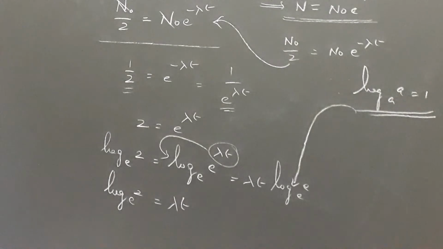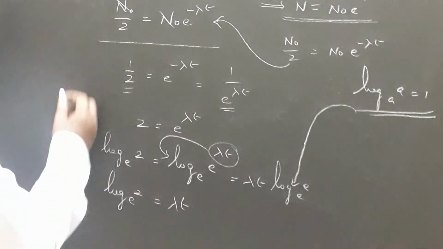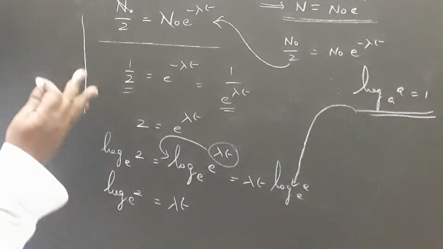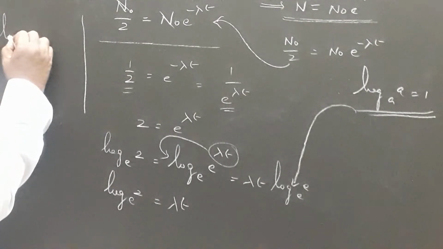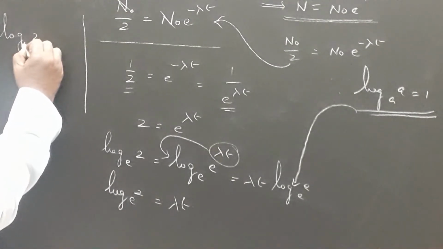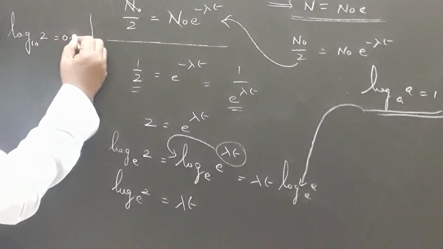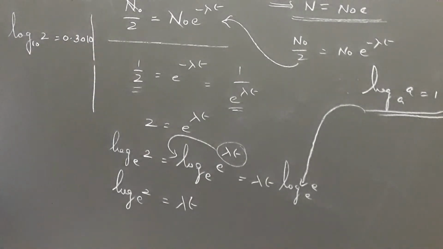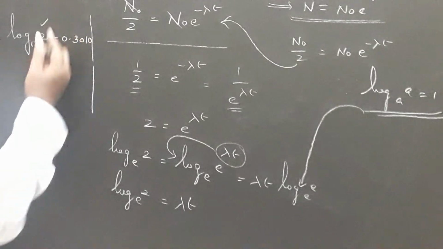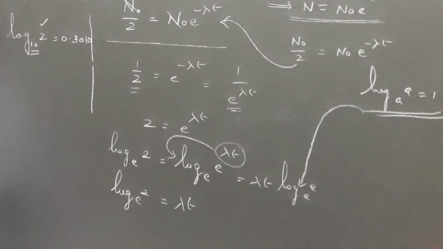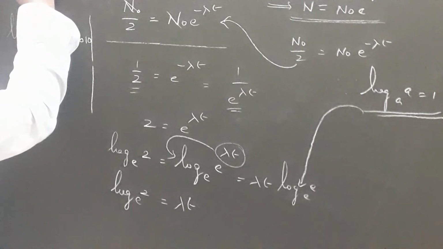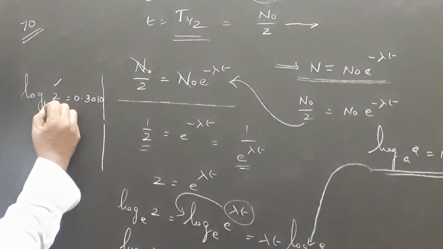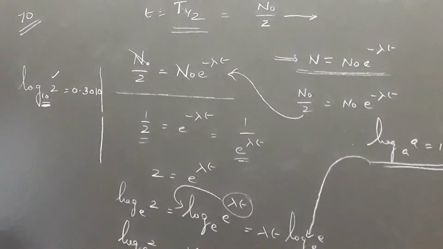Are you clear? Now you have to understand the difference between ordinary logarithm and exponential logarithm. In ordinary logarithm, log of 2 is 0.3010, with base 10, not e.